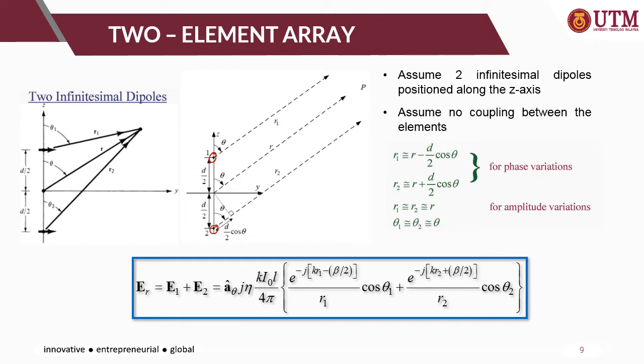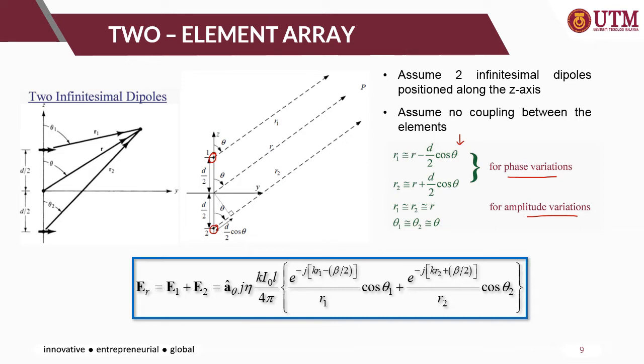So for the parameters involved, we have the polar angle, and then the distance between the elements. For phase variation we need to consider the polar angle, while for the amplitudes we just need to consider dr and theta on their own.